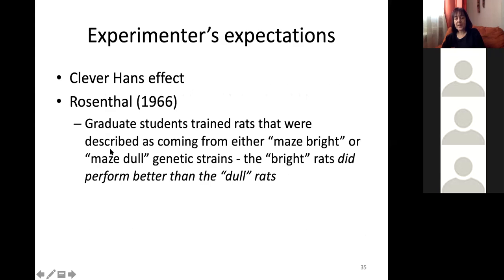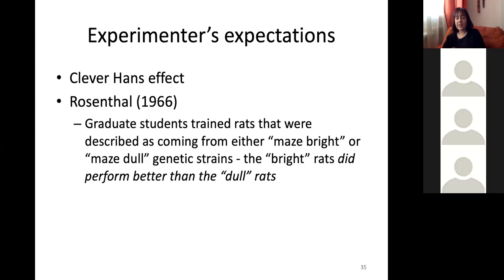During the first lectures, we discussed the clever Hans effect. I hope that you all remember that effect, that the experimenter's knowledge about the correct response somehow can cue the participant in providing that correct response. And there is also another really famous study.